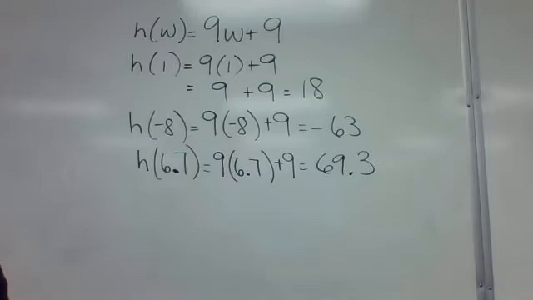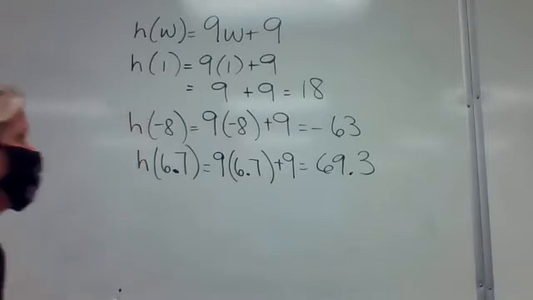All right, number 7. F of x equals the absolute value of x, and then outside of that, minus 2.